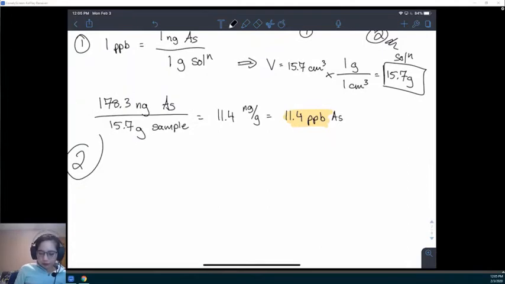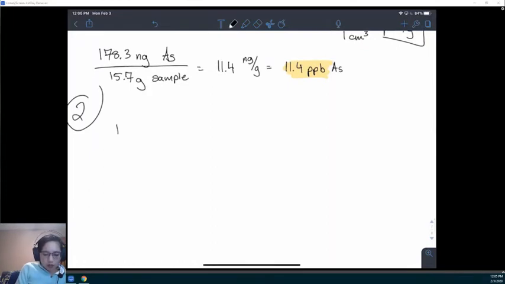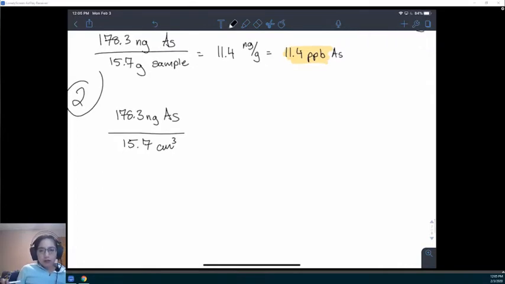So I'm just going to start with the values that were given, which is 178.3 nanograms of arsenic over 15.7 centimeters cubed of the solution. So to get into ppb, I want to convert these units into micrograms per liter.